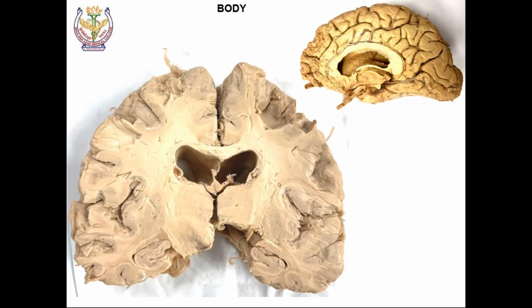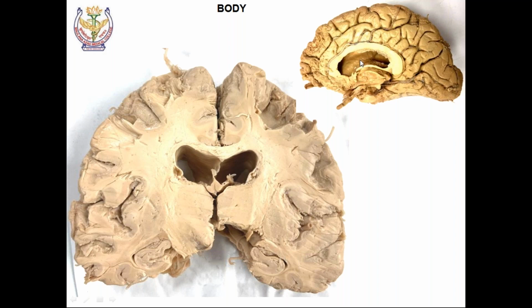Now let's try to understand the body. Now, body of the lateral ventricle, which is this part. So this was an anterior horn. This is the body. Now, in the body, what we find is that we have this big set of fibers, which is called as the corpus callosum.